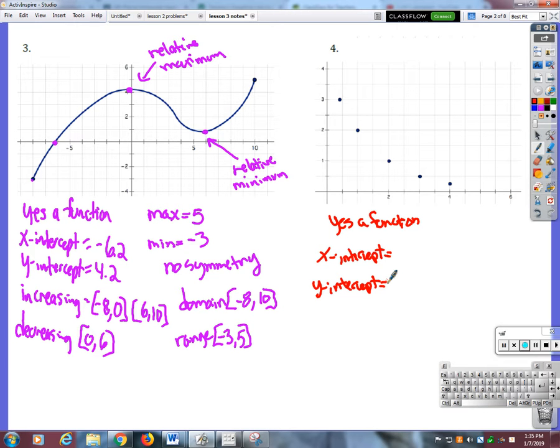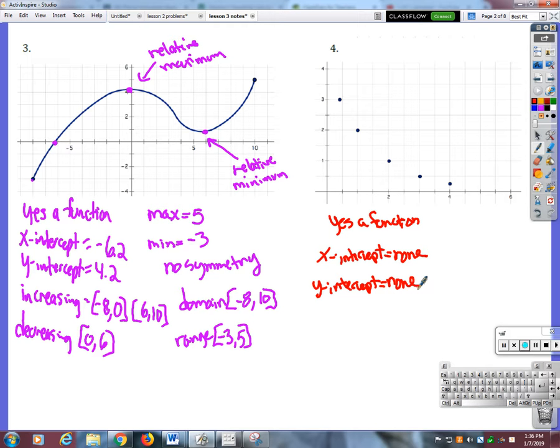So that means it's actually none, because it doesn't actually go there. There's not an arrow there, so it's just the individual point. How about the Y-intercept? What point is on the Y-axis? Also none. And I don't feel like we can talk about decreasing if they're just individual points, right? Because they're not connected.